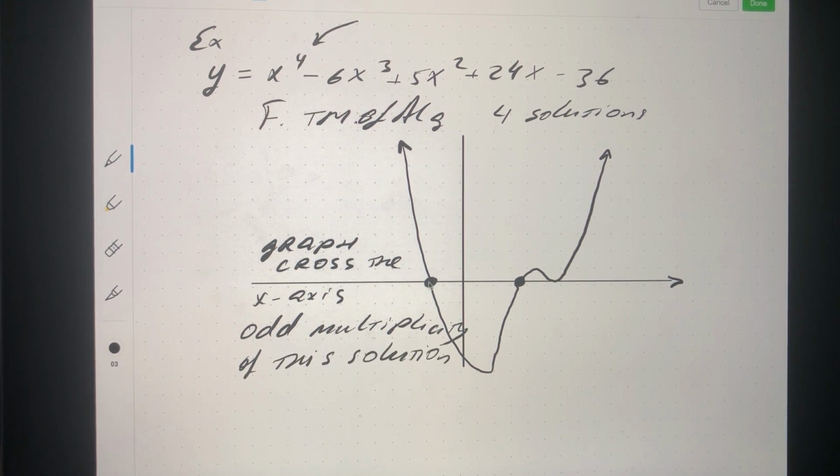Meaning that this point could happen once or 3 times or 5 times. Same with this, it could be once, 3 times, 5 times.